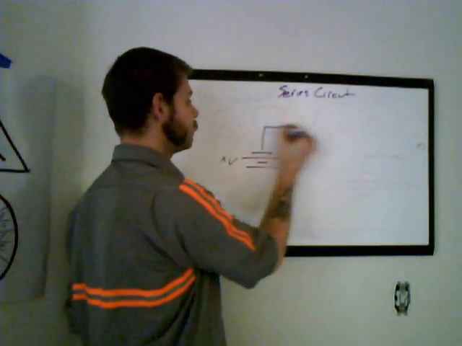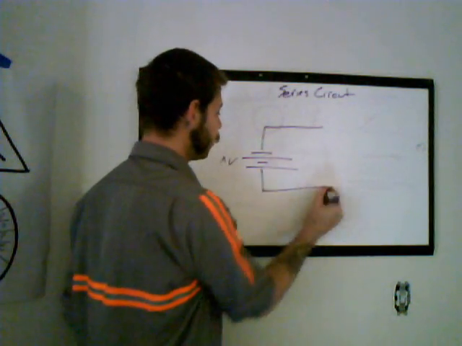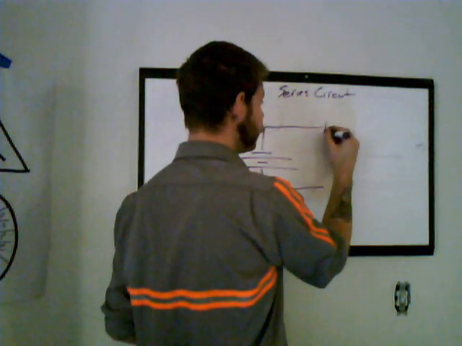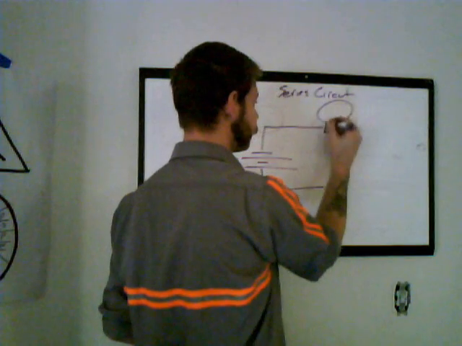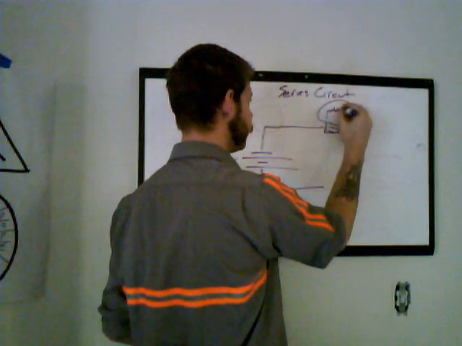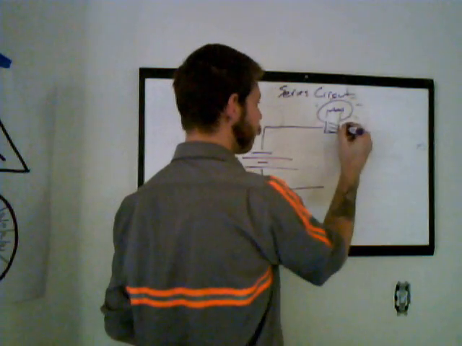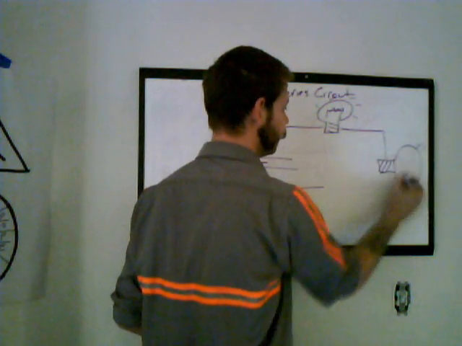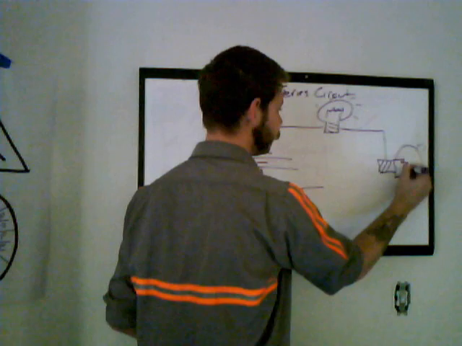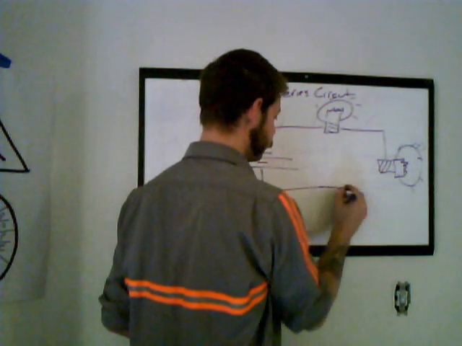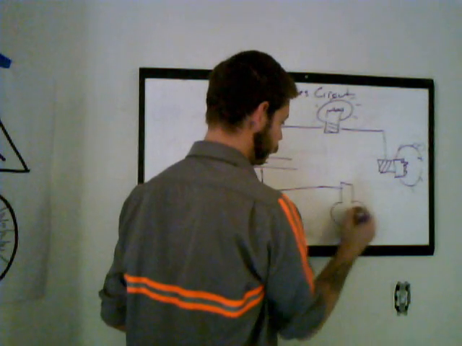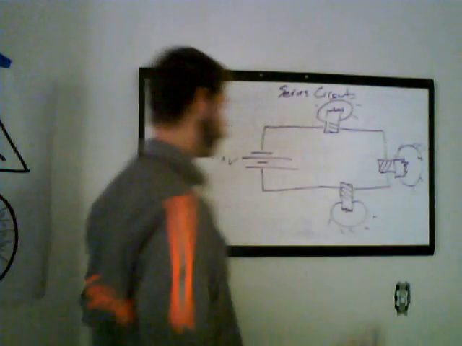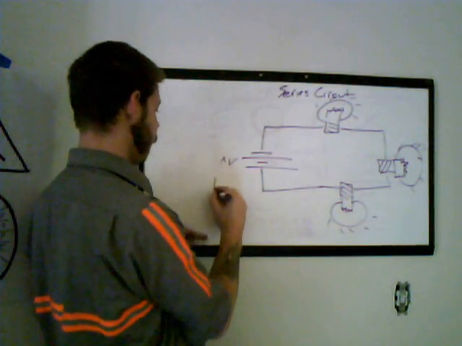When there's a line drawn in a diagram, that's usually a wire. This is not really a schematic symbol, the light bulb. I'll show you some more schematic symbols as we go along, I'm sure. And a little battery right here.